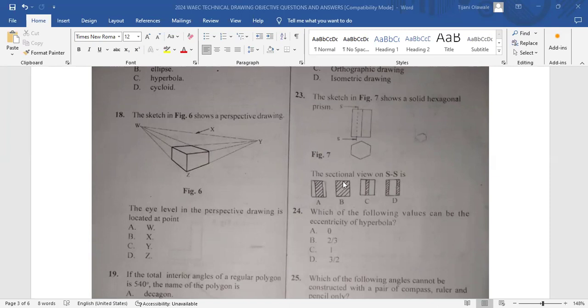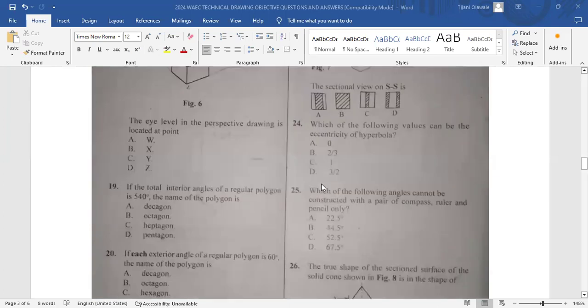Then we are asked the sectional view on SS. Option A is the answer to the question. Okay, then question 24, which of the following values can be the eccentricity of hyperbola? So we have the answer to be option D, that is 3/2. Option D is the answer to question 24.